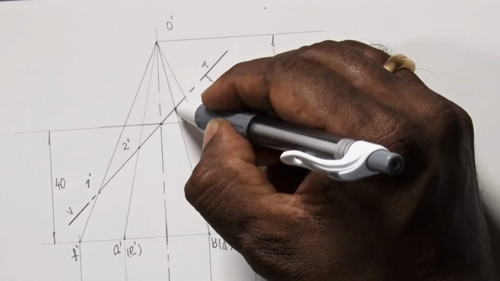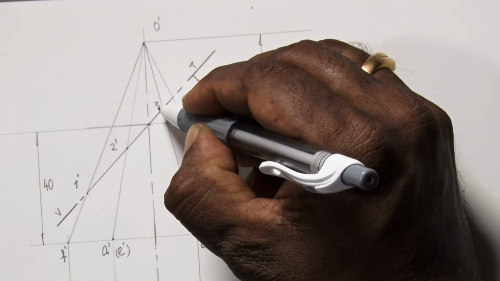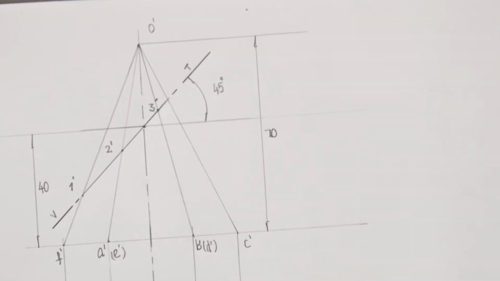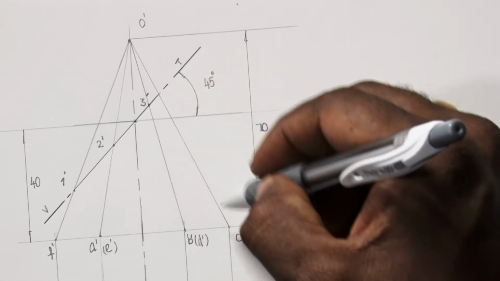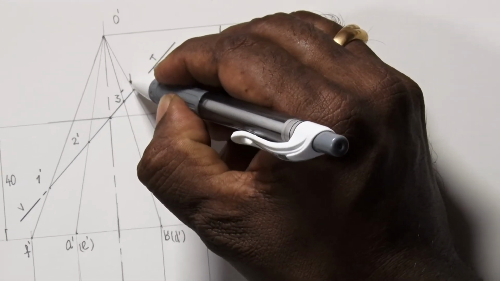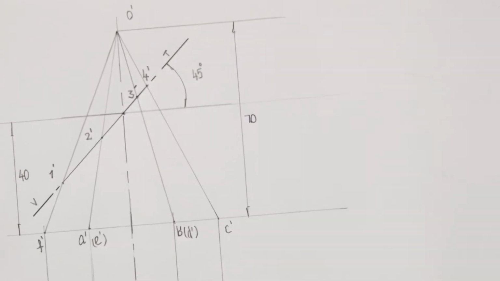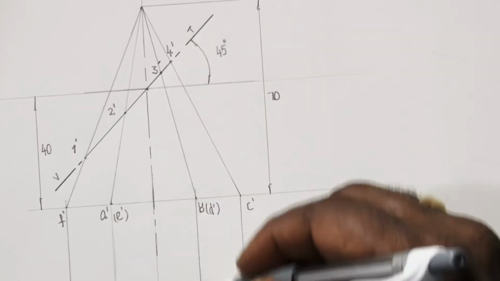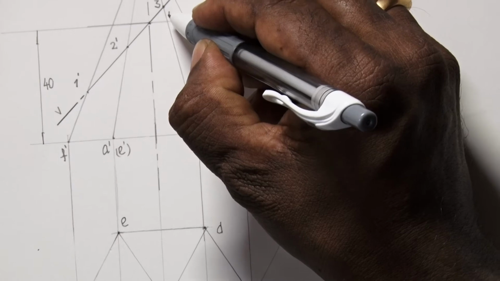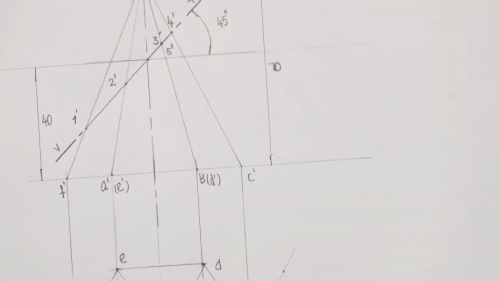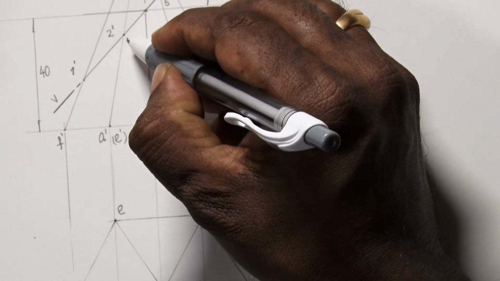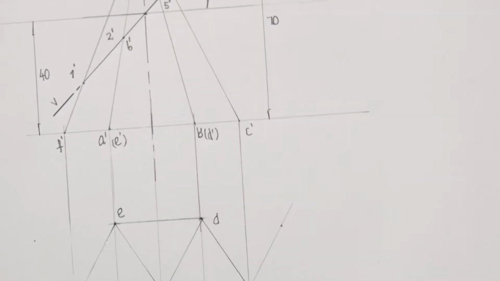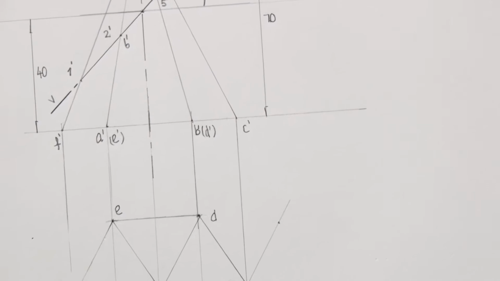Similarly, in the third generator, O dash B dash, the point is 3 dash. The point between O dash and C dash is termed 4 dash, between O dash and D dash is 5 dash, and between O dash and E dash is 6 dash. So these are the 6 points on the cutting plane.